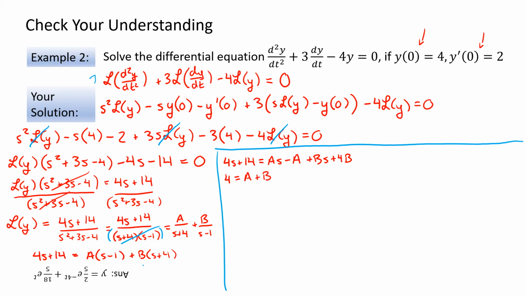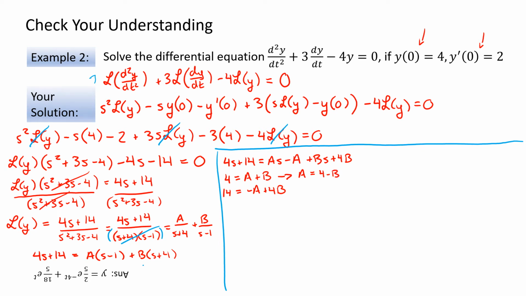For just constants, on the left-hand side, we have 14. On the right-hand side, we have negative a plus 4b. Okay? So looking at our first item, if we solve for a, we get that a is equal to 4 minus b.